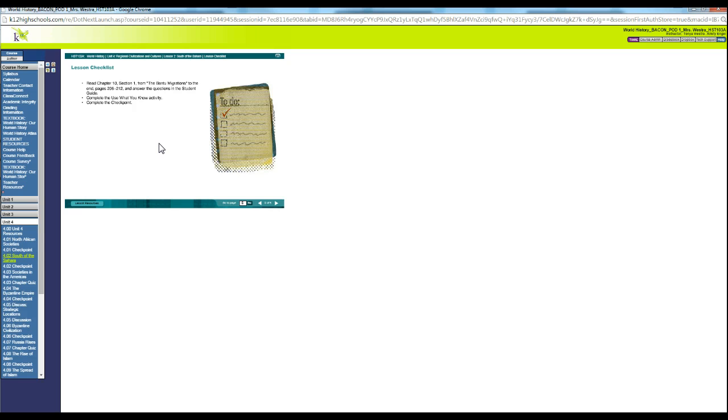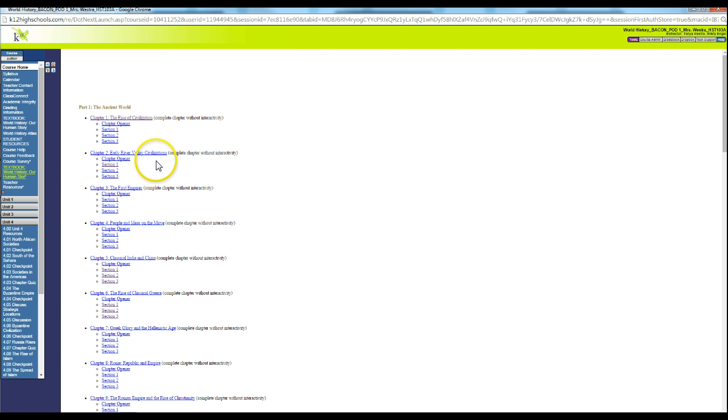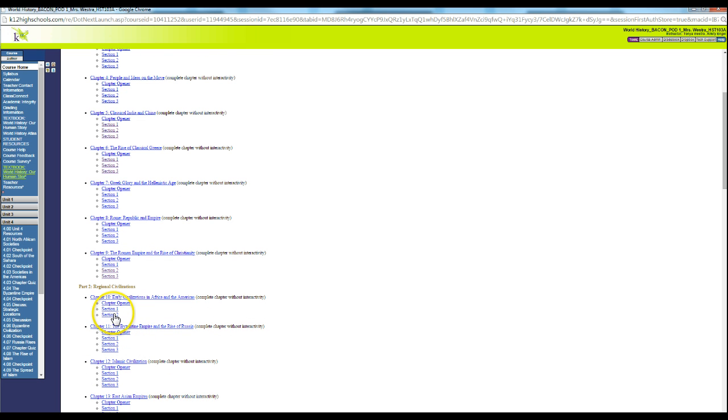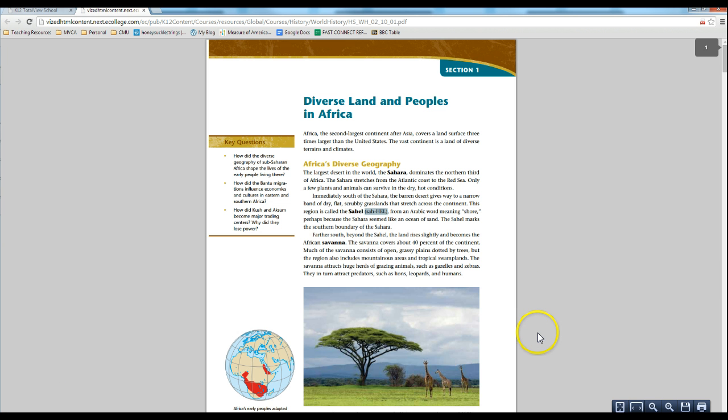So it starts on page 206 and it's the Bantu migrations. Let me go ahead and pull this up for you so that you're able to see the textbook as we read. Okay, so here we are in section 1 of chapter 10.